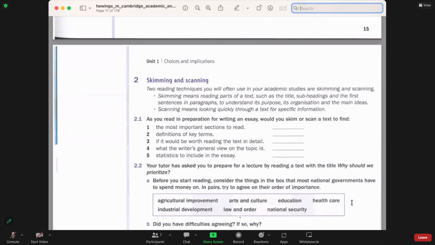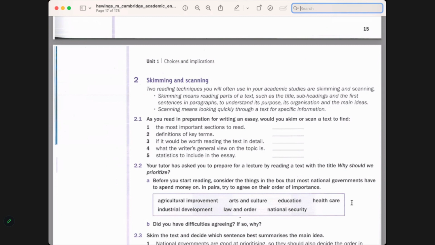Skimming means reading parts of a text, such as titles, subheadlines, headings, and the first sentences in paragraphs, to understand its purpose, its organization, and the main ideas. Scanning means looking quickly through a text for specific information.